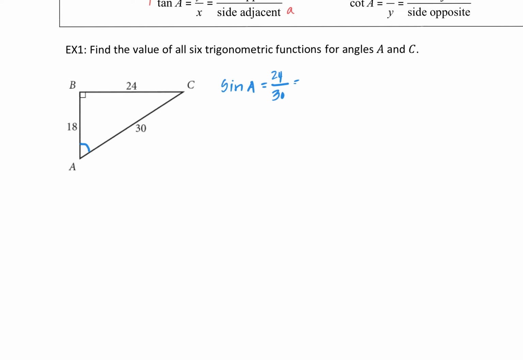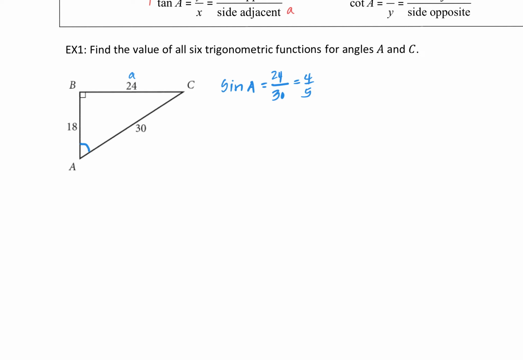And then if I reduce by 6, I get 4/5. So if you wanted to relabel this to remind yourself, B here is the hypotenuse, or the 90-degree angle, so 30 would be the hypotenuse.